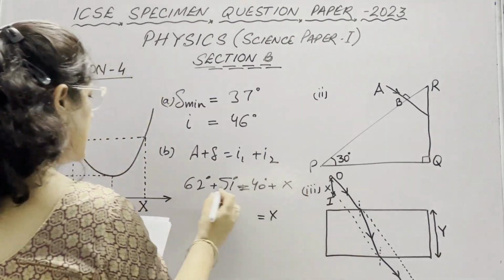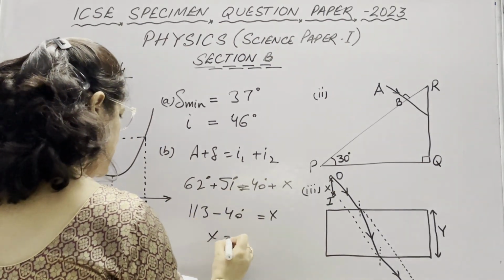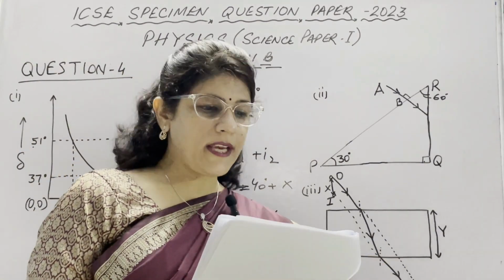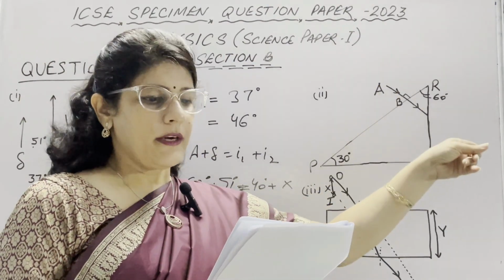Now the value of x is 62 plus 51, which is 113, minus 40. It means the value of x is 73 degrees.